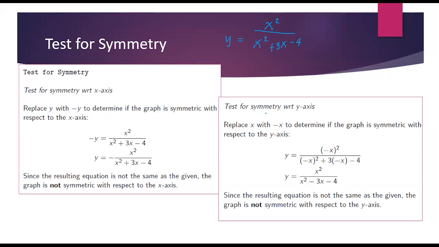How about if you test for symmetry with respect to the y-axis? This time you replace x with negative x in order to check if the graph is symmetric with respect to the y-axis. Substituting negative x for the variable x and simplifying, you get x squared on the right side, all over x squared minus 3x minus 4.